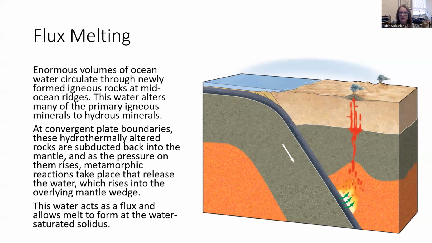That water that was once in the oceanic crust will now be released into the mantle below the continent, causing the mantle below the continent to start melting. So this is actually a really interesting process because rocks are melting by going deeper into the earth, right? The pressure is actually increasing, but they're able to melt because they have that introduction of water.